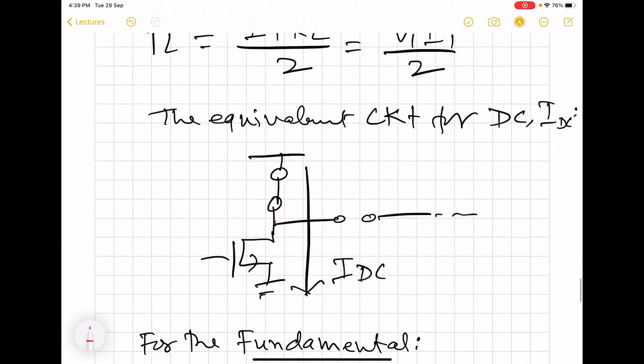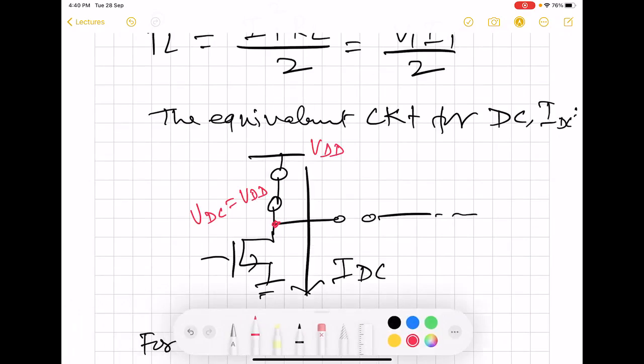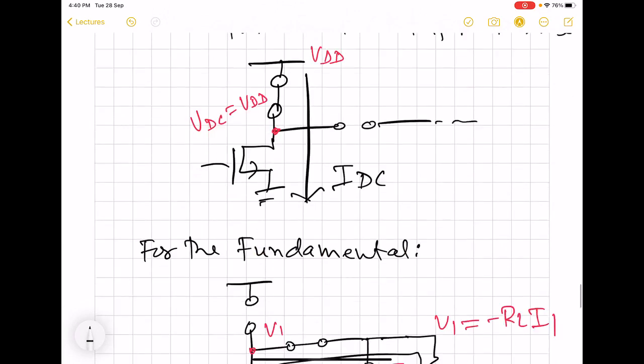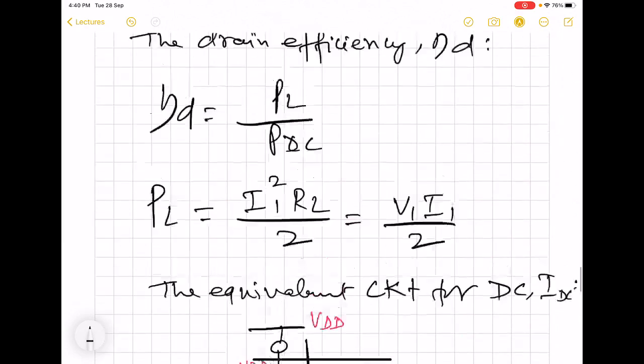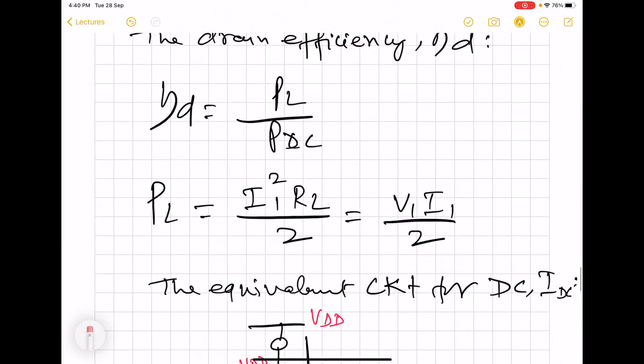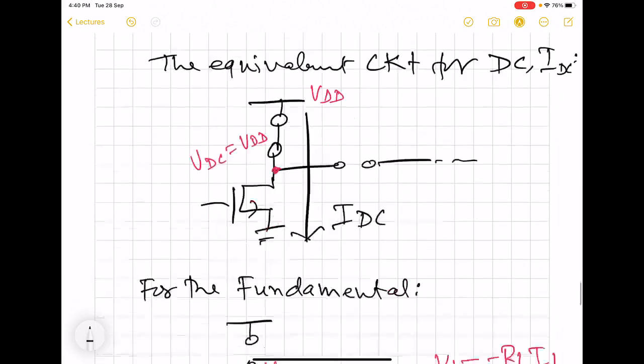And here the DC voltage is of course going to be VDD, equal to the supply voltage. Okay, so these are the two ways in which we can calculate the load power.